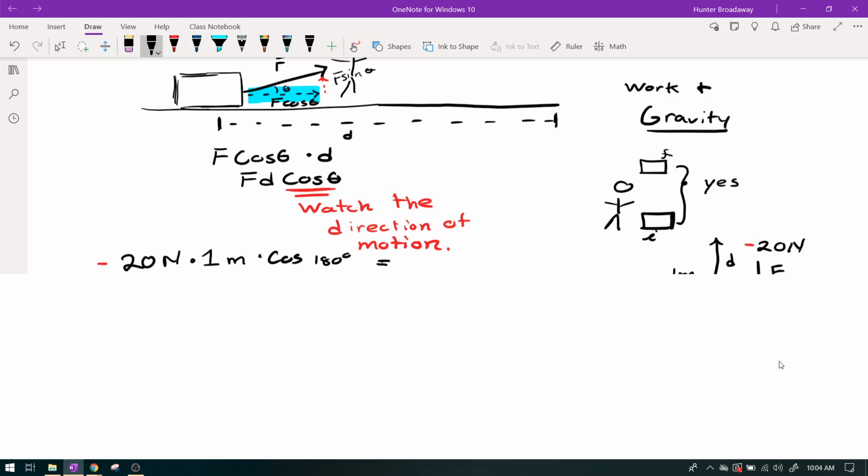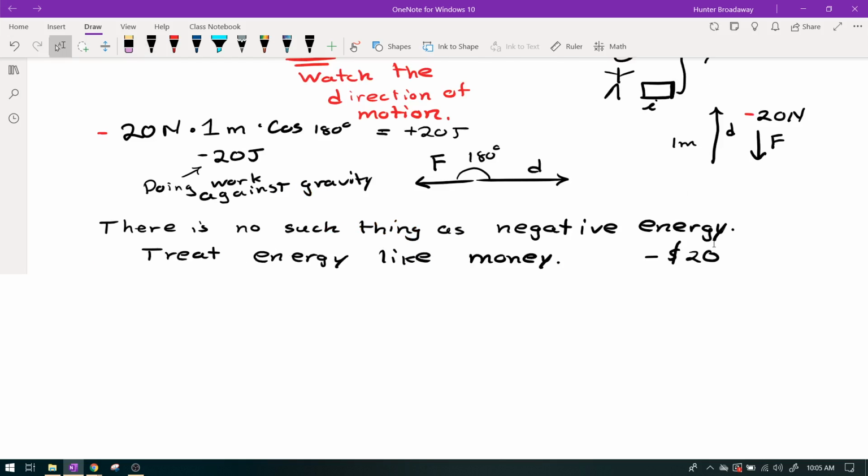For example, if I say negative $20, there's no such thing as a negative $20 bill. Nobody's going to hand you a red bill that says 20 on it. It means, ha, you don't have 20. Exactly. What negative 20 means is you either spent it or you owe it, right?